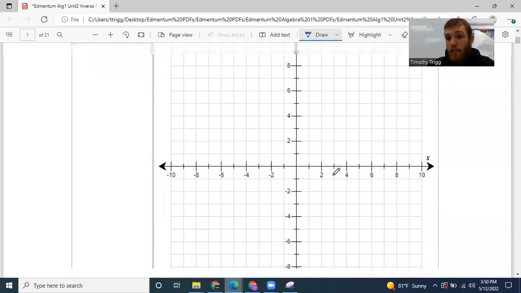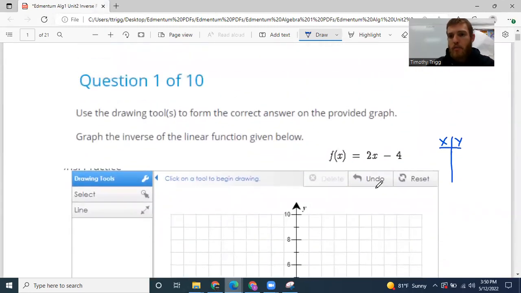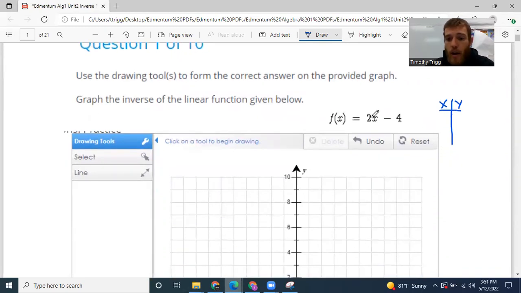If it's off the chart, then maybe I should pick smaller numbers. For this graph, I'm going to choose 0 for x and then 1. You could choose any points you like, but I'm just going to choose these small points.